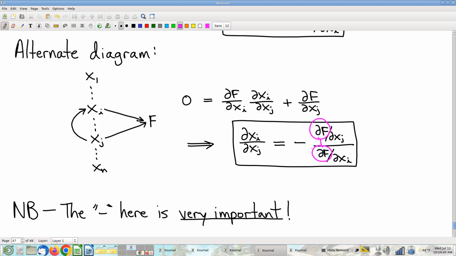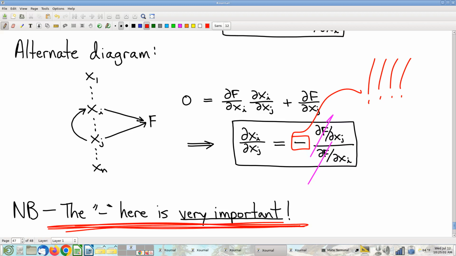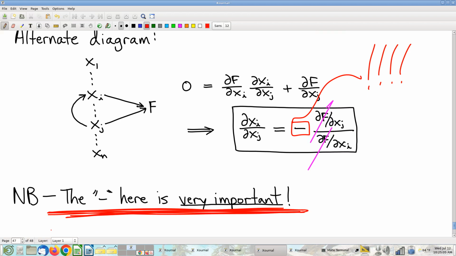So please, please, please do not make this mistake of canceling those and then forgetting that minus sign. This minus sign is essential. And it's tremendously important on exams, and I want to explain why.